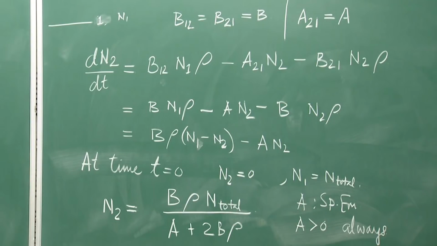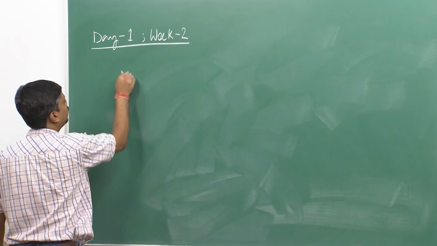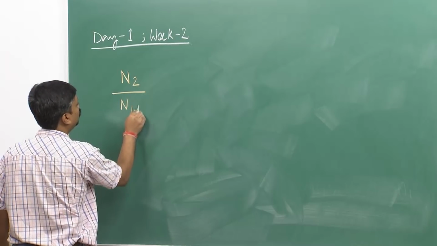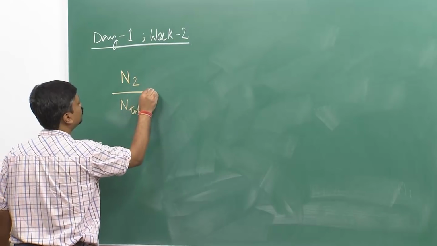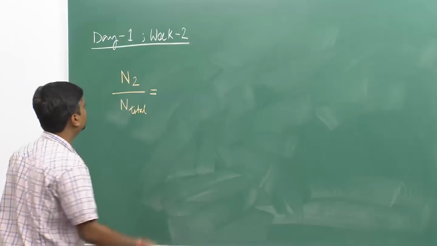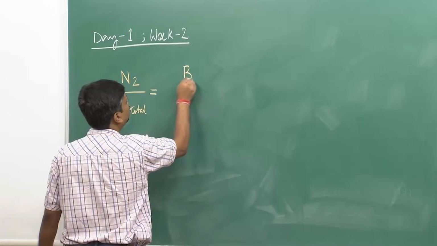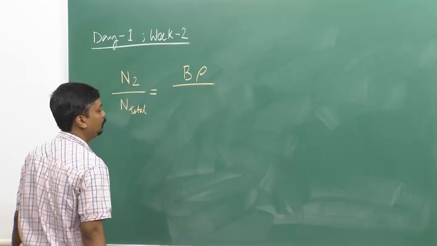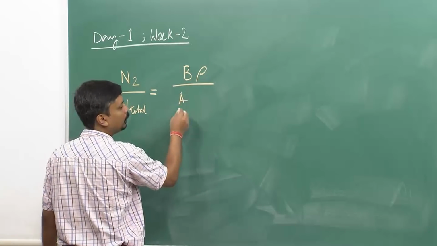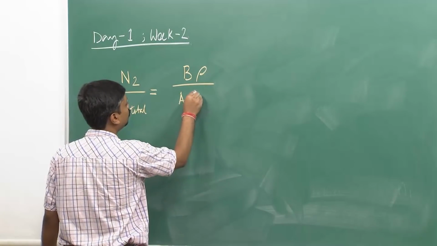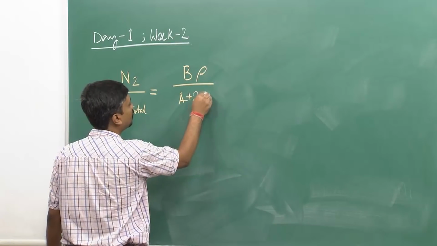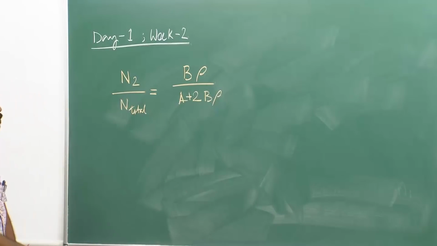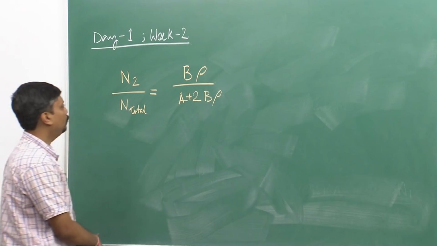From that expression, if I get n2 by n total, that is equal to B rho by A plus... right.